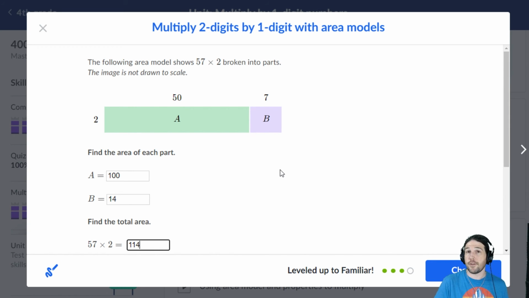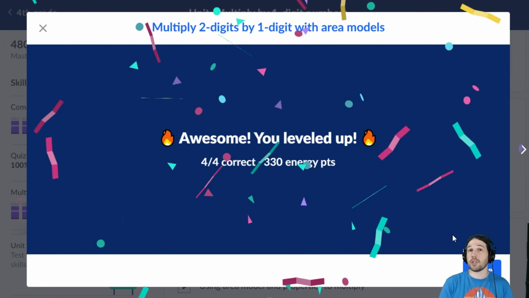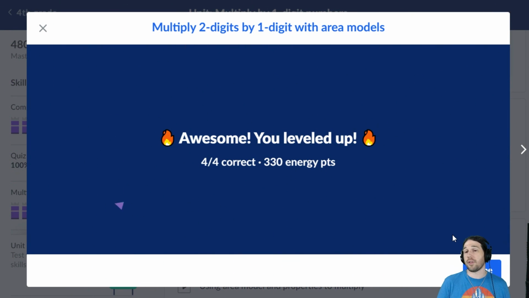If I was going to do 57 times 2, I wouldn't visualize rectangles, but I would say, oh yeah, 50 times 2 is 100, 7 times 2 is 14, I would add them together. This is what I do in my head. It's just adding the visual of the rectangles. Which I appreciate. A lot of folks are very visual learners, and this sort of thing can help them.